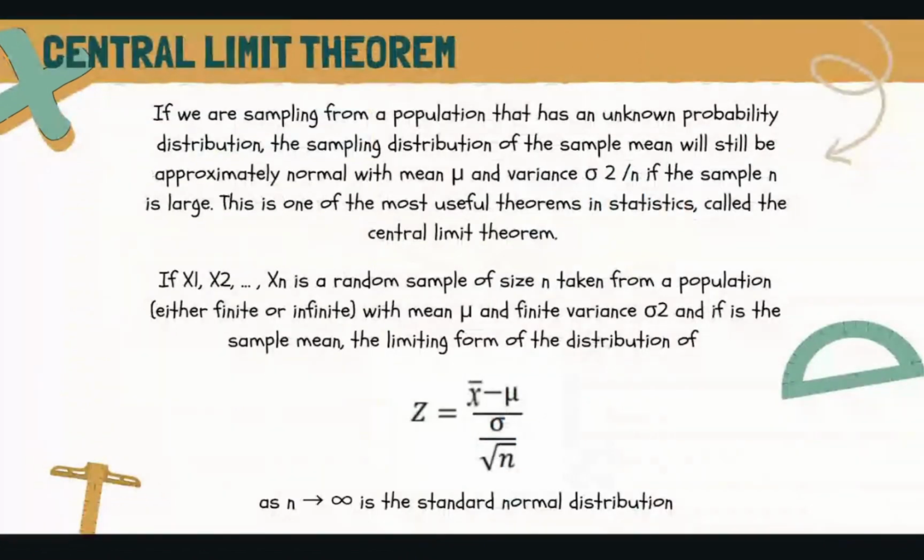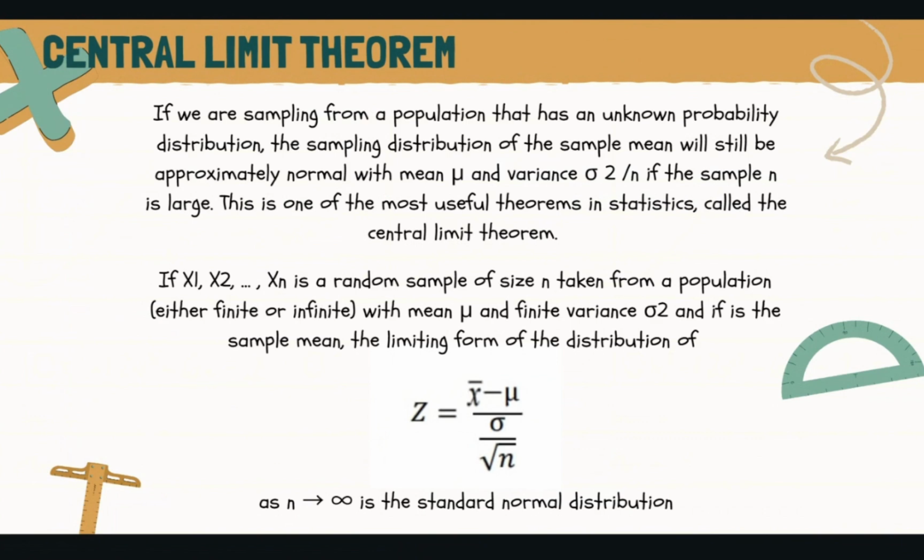Now we have the central limit theorem. If we are sampling from a population that has an unknown probability distribution, the sampling distribution of the sample mean will still be approximately normal with mean mu and variance sigma squared over n if the sample size n is large. This is one of the most useful theorems in statistics, called the central limit theorem.